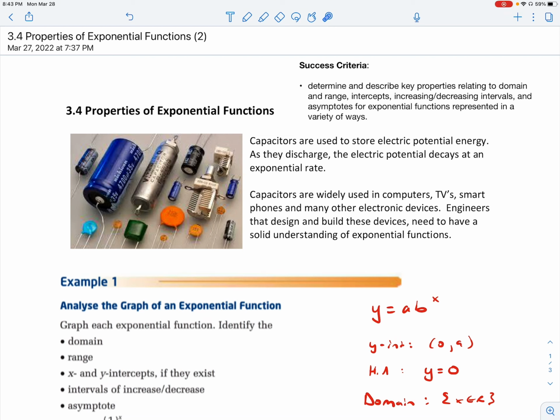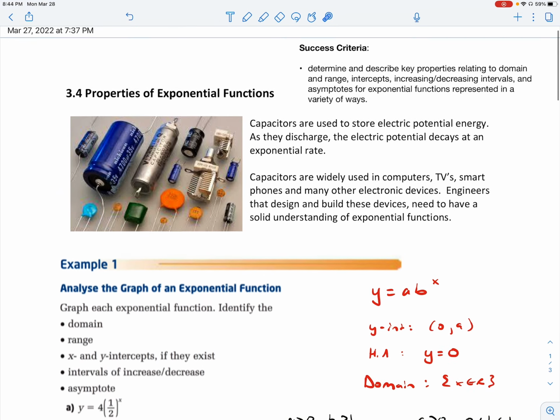When they discharge that energy, their electric potential energy decays at an exponential rate. So any engineers that design and build these devices need to have a solid understanding of exponential functions. Usually they have a design requirement where it needs to discharge a certain amount at a certain rate, and so they then need to determine what kind of capacitor they would need to use.